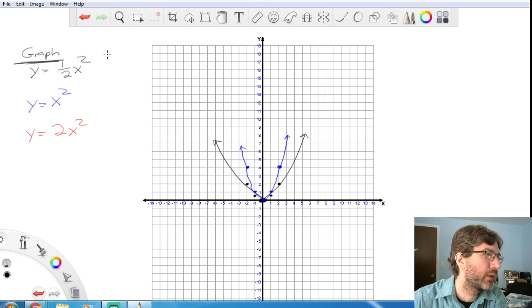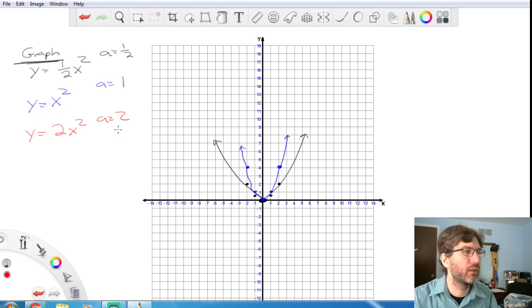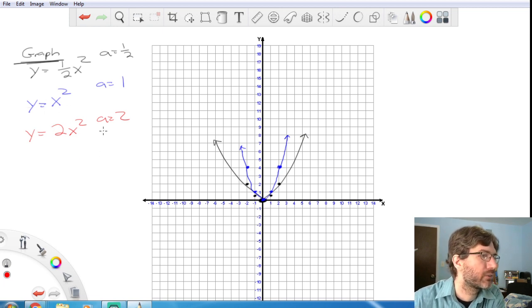So in this one here, my a value equaled 1/2. In the blue one, my a value equals 1. And in the red one, my a value equals 2. So my a value is changing here. And I want to see what effect the a value here has on my graph. But let's do 2x squared here.